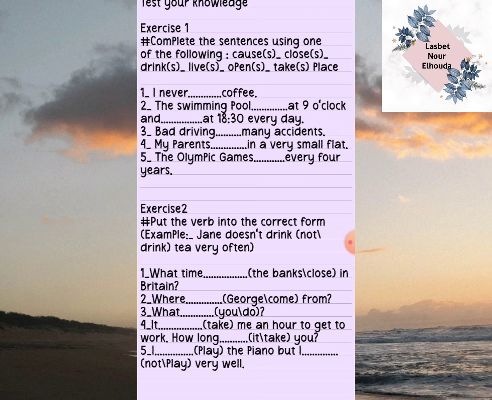Complete the sentences using one of the following: cause, close, drink, live, open, take place. I will translate these verbs into Arabic, for the beginner to help them understand more.